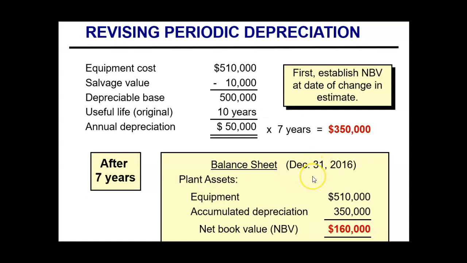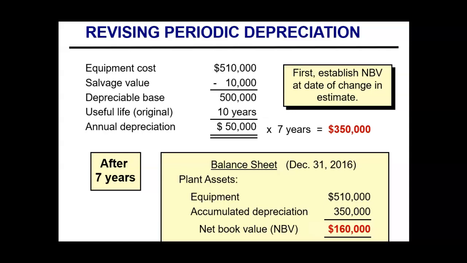So in your 2016 balance sheet, it shows the cost of the equipment, $510,000, less the accumulated depreciation of $350,000, and that would give us a net book value of $160,000 at the end of 2016.